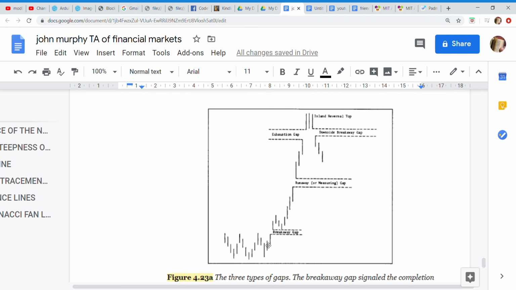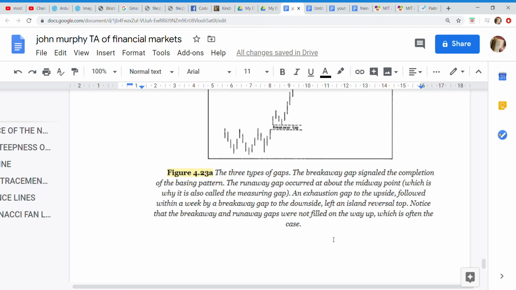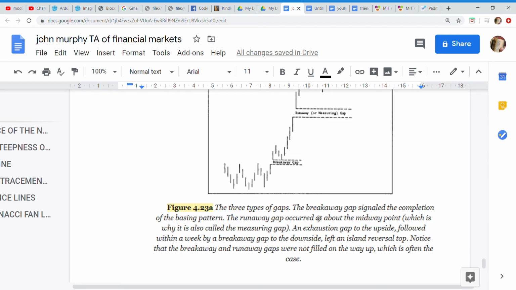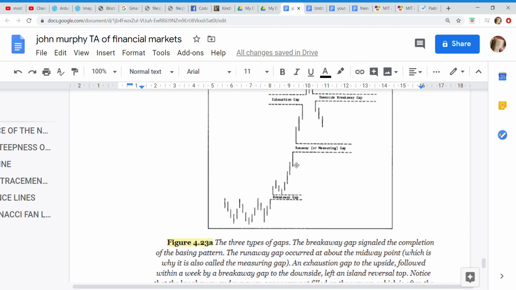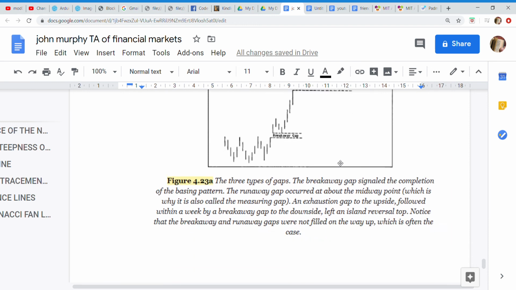So these are three types of gaps. The breakaway gap signaled the completion of the basing pattern. So this was a sideways pattern, so the breakaway gap indicates the completion of this pattern. Then a runaway gap occurred at about the midway point, which is why it is called a measuring gap.